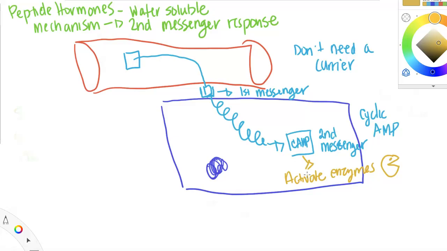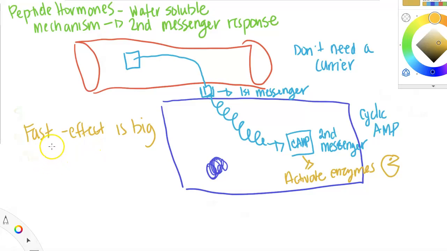It can turn on genes. It can do all kinds of things. But when it does this, it can activate a lot of enzymes. It can open a lot of channels, that type of thing. So the mechanism is very fast, and the effect is big. It's big all at once.